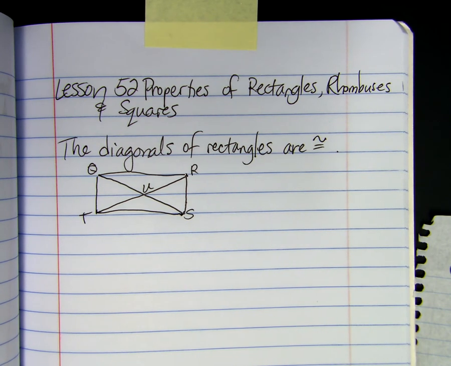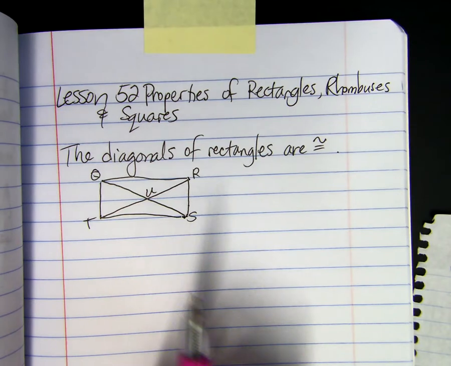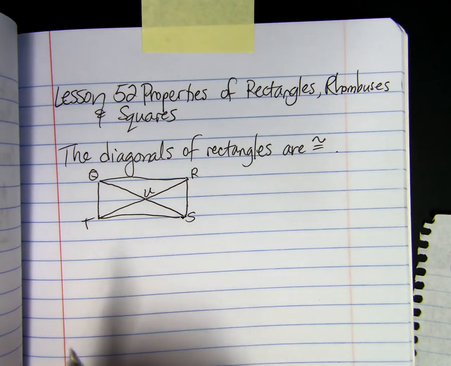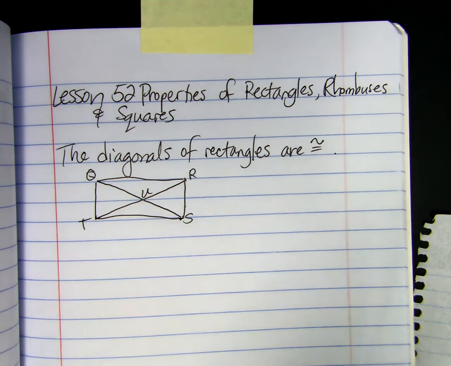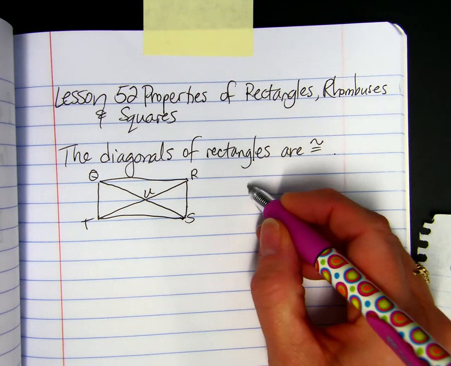PR is congruent to QS. Oh, okay. We already know that diagonals of a parallelogram bisect each other. So that's from previous lessons.